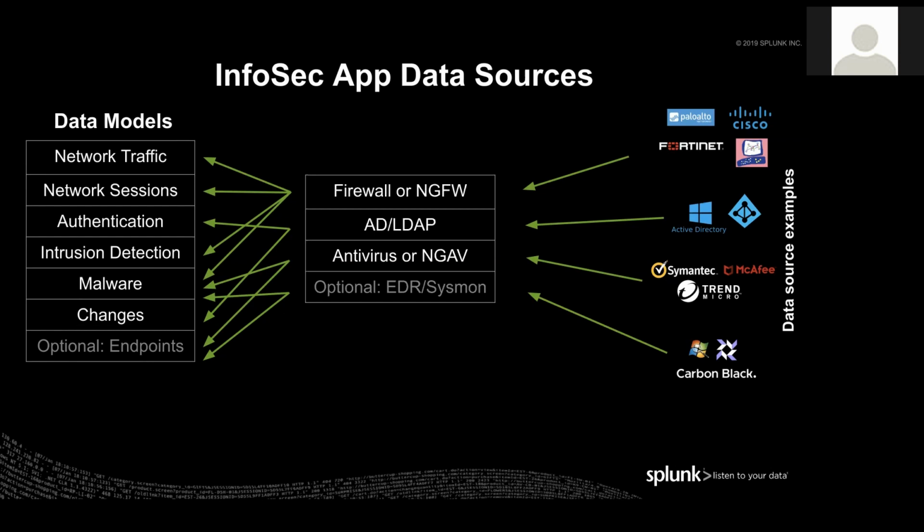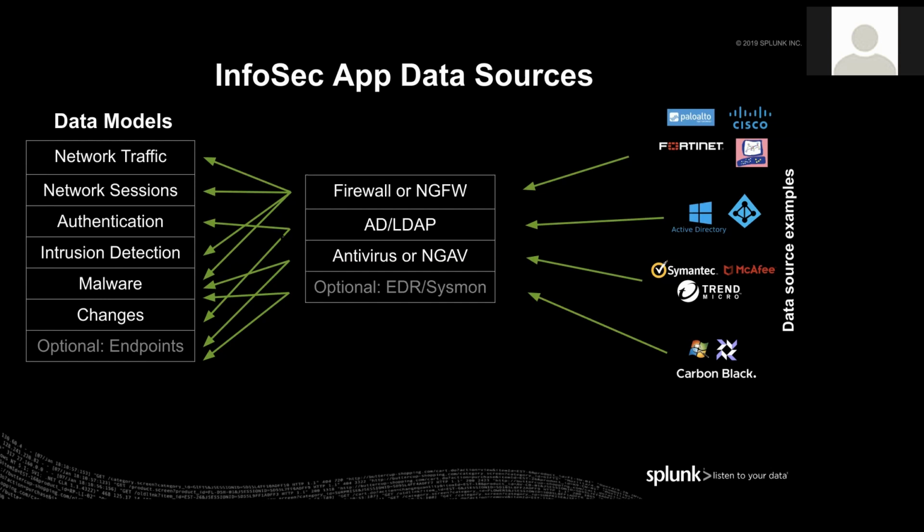Antivirus, anything that you have in your environment, Symantec, McAfee, Trend, Anomali. Also, lately, I started adding endpoint data. And with endpoint, it can be things that are commercial products like Carbon Black. It can be your OSQuery. It can be your Sysmon from Microsoft.